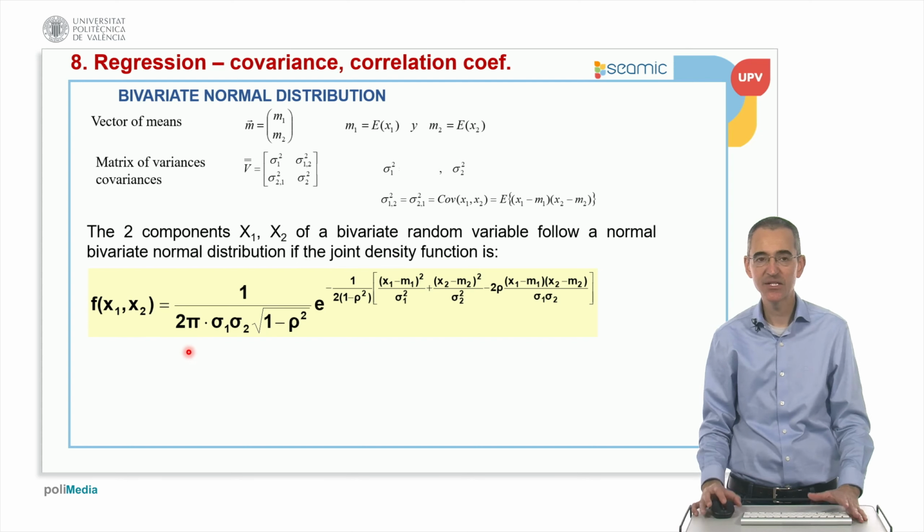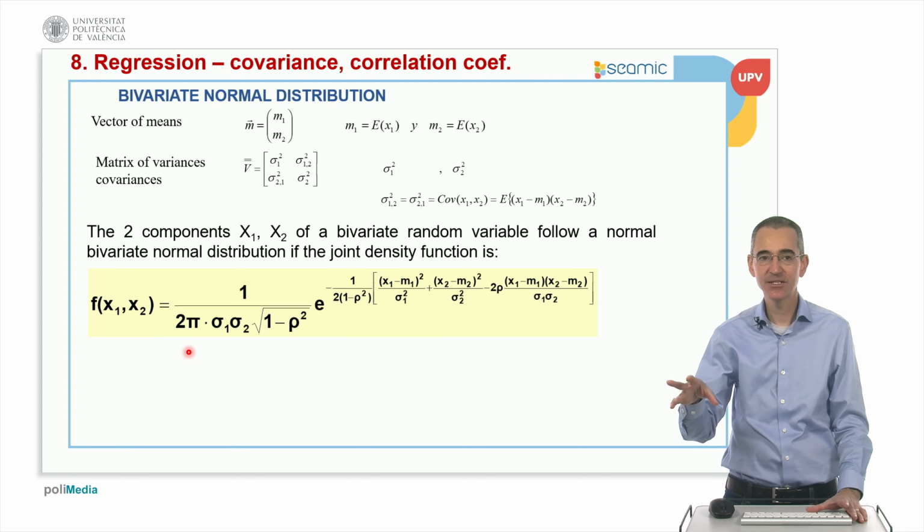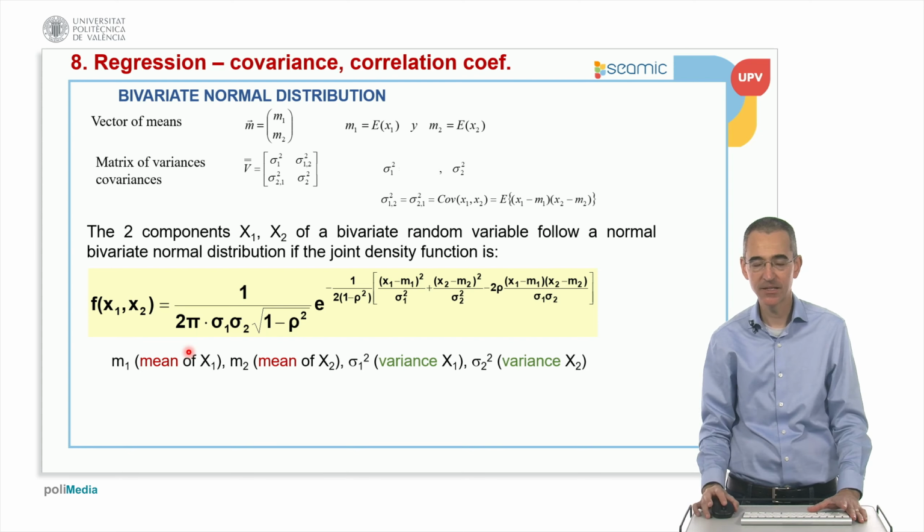Well, the equation is very complex, so I'm not going to explain it in detail, but I think it's interesting to count how many parameters are necessary to define this function. Here we have m1 and m2, the average of the first variable at the population level, and the average of the second.